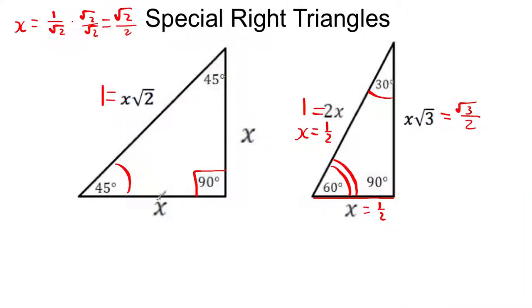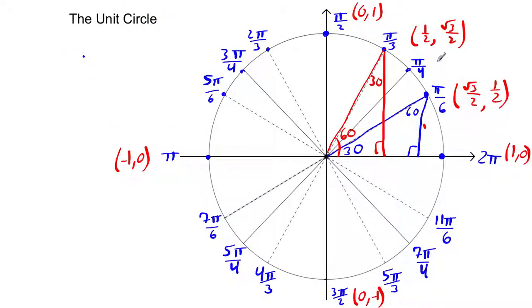So that means that x is root 2 over 2. But notice with a 45, 45, 90 right triangle, the two legs of the right triangle are the same. So it's root 2 over 2 for both. So in this first quadrant, we have these values for these points.